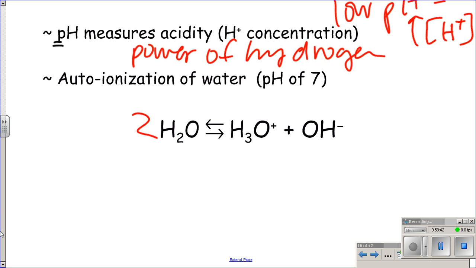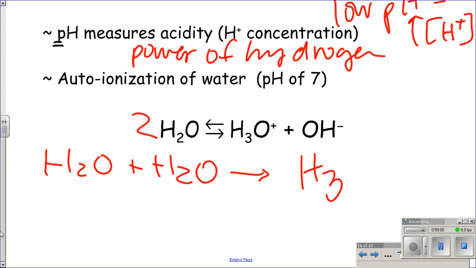Write down this auto-ionization of water. There's a 2 there. Water plays with other waters, and what's auto mean? Self-ionize each other. So we have two waters making hydronium and hydroxide. Which of these is the acid?